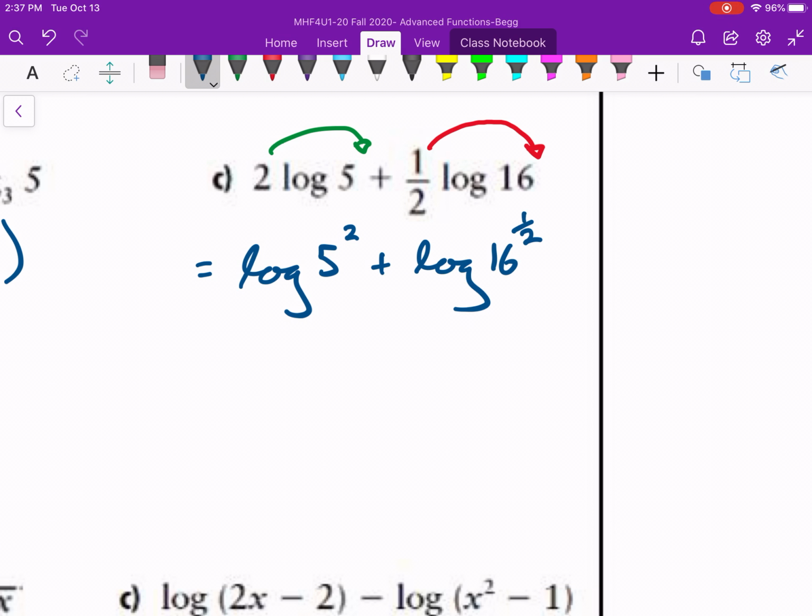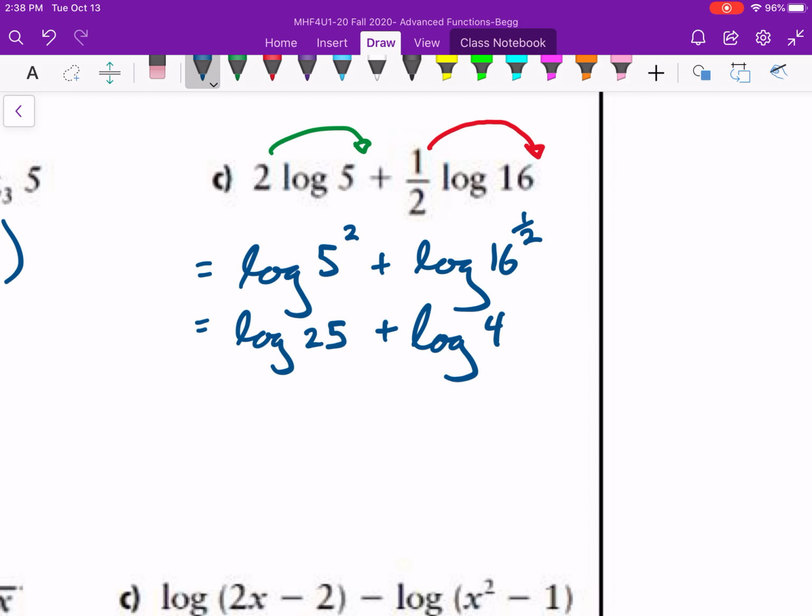Remember what fraction exponents mean? It means just take the square root. So 16 to the 1/2 equals 4. So I'm going to work backwards on this one. 16 to the 1/2 equals 4. So I can simplify that a bit. And 5 squared is just 25.